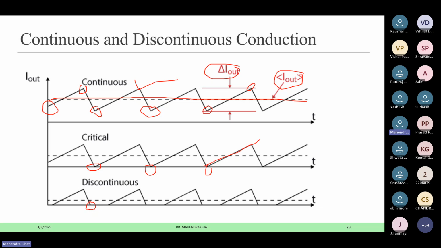For some time there will not be any current through the inductor, and after some time you turn on and it starts increasing. This is called discontinuous conduction. For our derivation we will consider the continuous conduction mode, and the derivation applies to continuous conduction only.